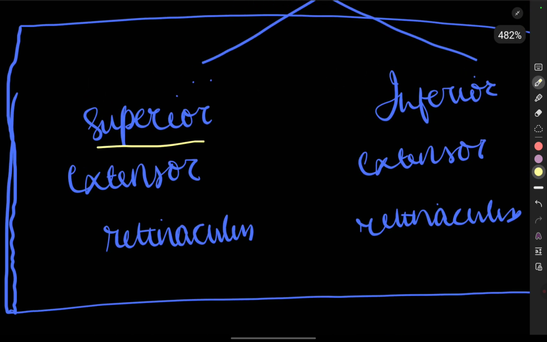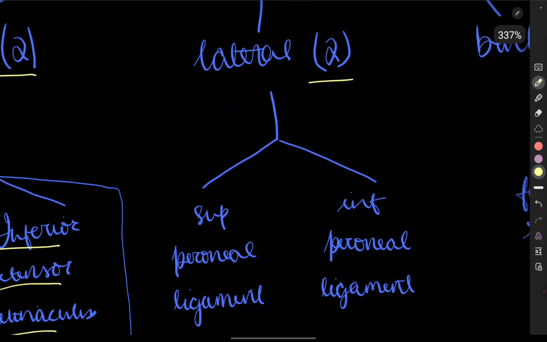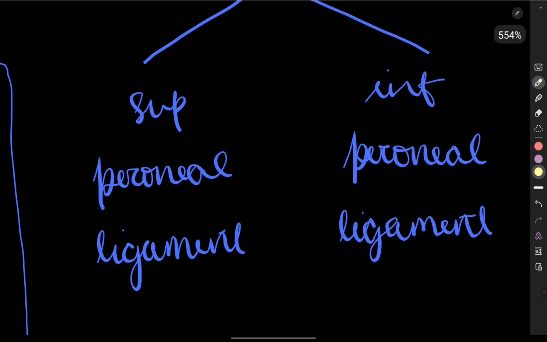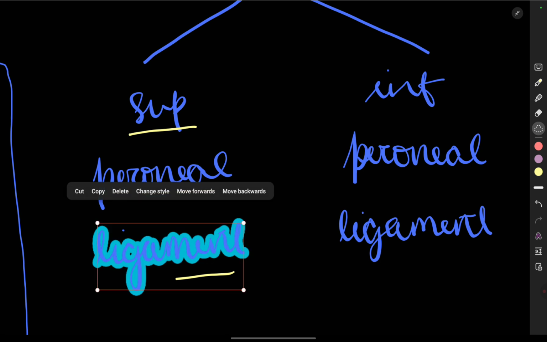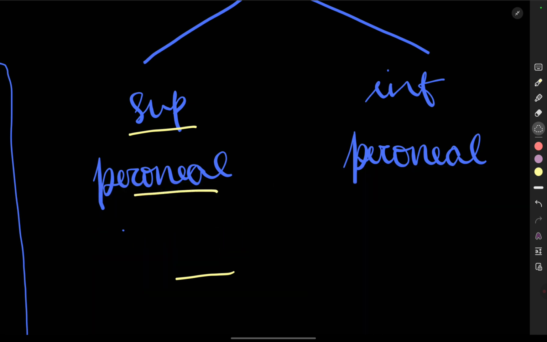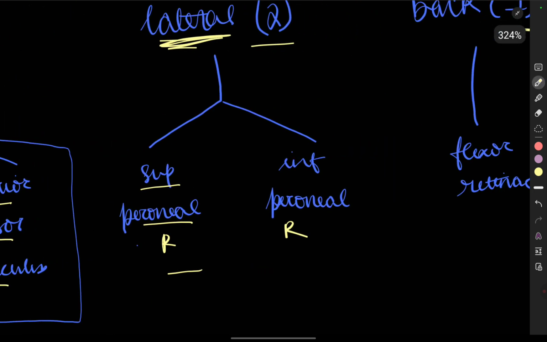The front is also called the extensor compartment, so we have the superior extensor retinaculum and inferior extensor retinaculum. The lateral side we also call the peroneal compartment, so we have the superior peroneal retinaculum and inferior peroneal retinaculum.